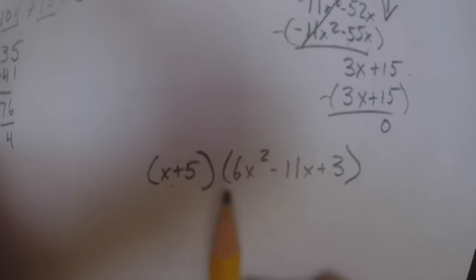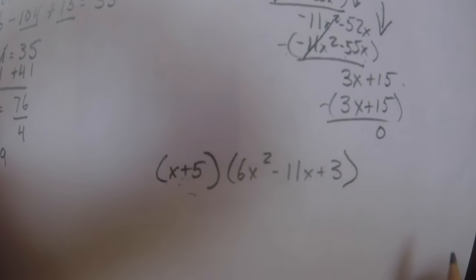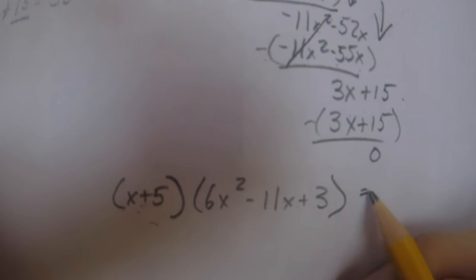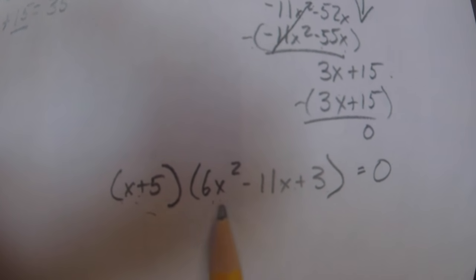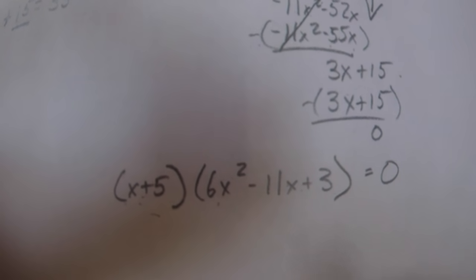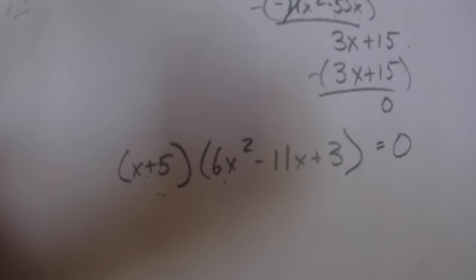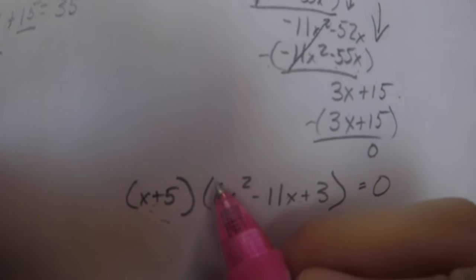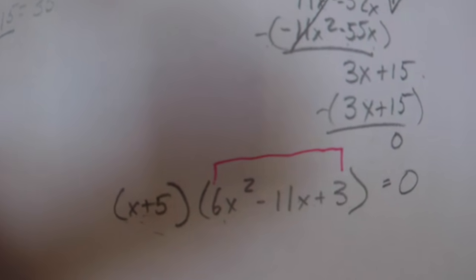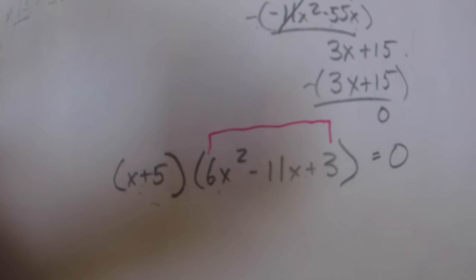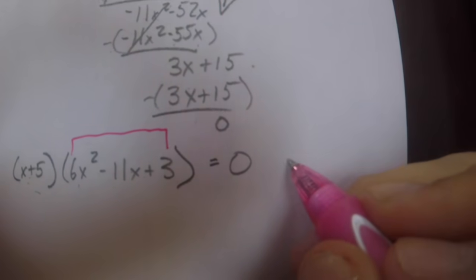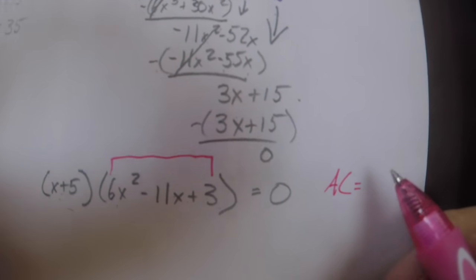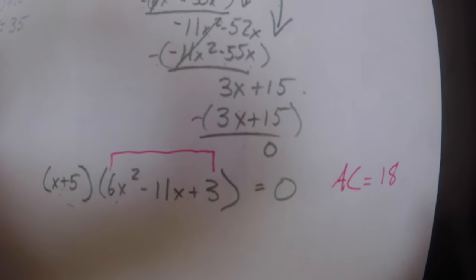These are the factors. We need to find the zeros, so I take the factors, I set them equal to 0. I just have to figure out, is this completely factored? Well, probably not, but let's just check. There's a 6 out in front, so I can't just go to AM, I have to do AC. 6 times 3, my AC would be 18.